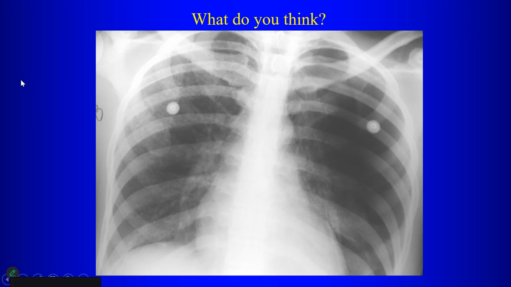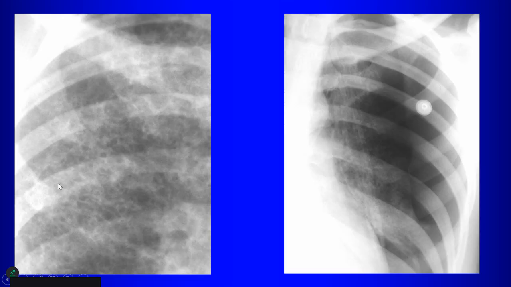Okay, what do we think of this chest radiograph? Well, there's a finding that I would hope all of you would make. What is the finding? Left-sided pneumonia. Yeah, there's a left-sided pneumothorax, right? So this patient has a left-sided pneumothorax here. Okay, so let's take a closer look at the lungs.